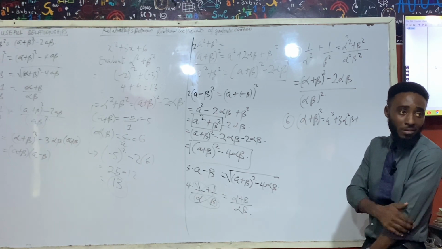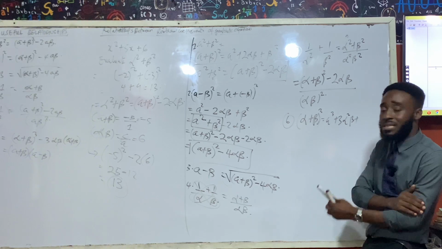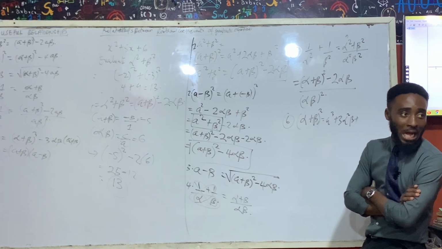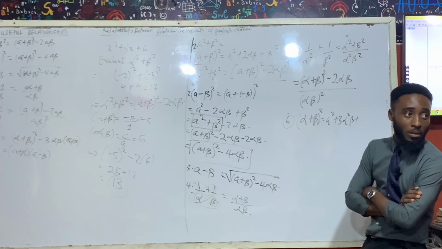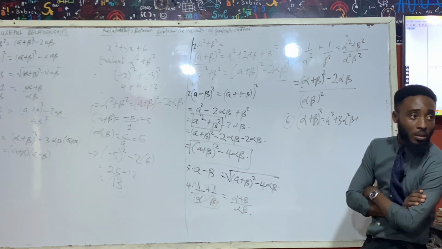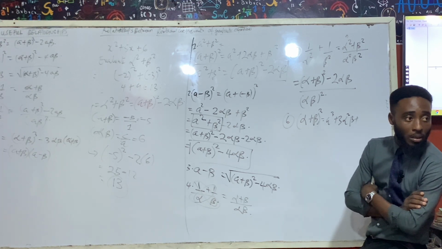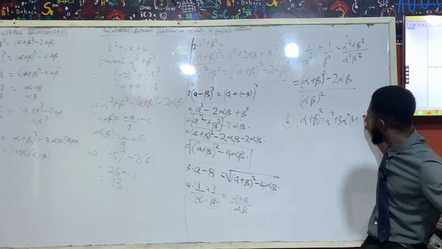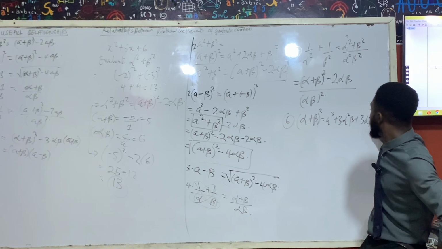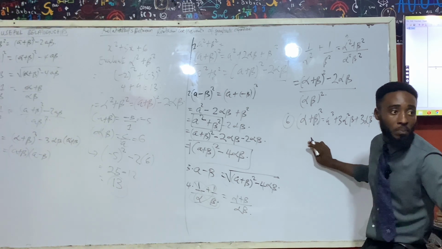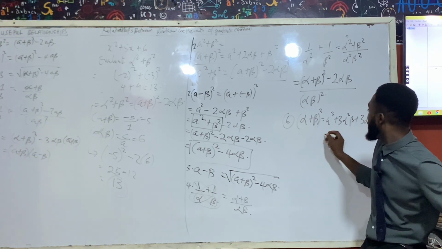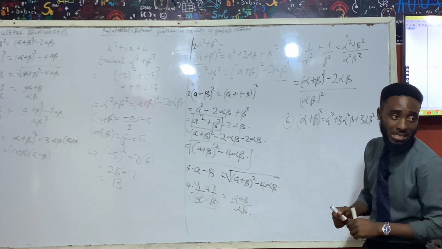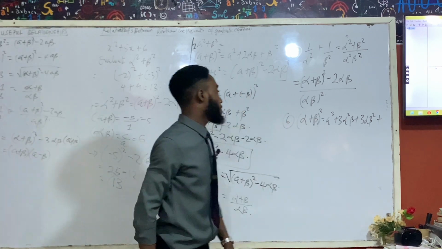We've done binomials, so I'm expecting that you have answers to this. Three alpha beta squared. Good. Plus, what's the last one?